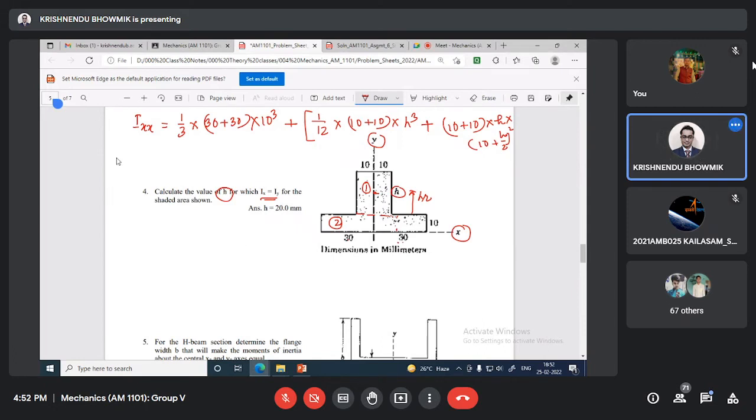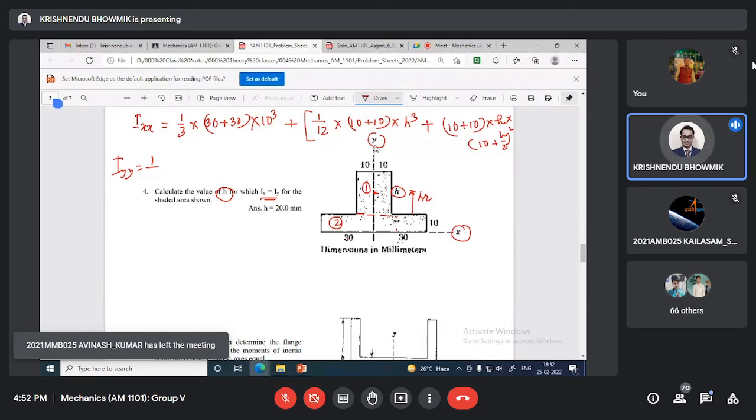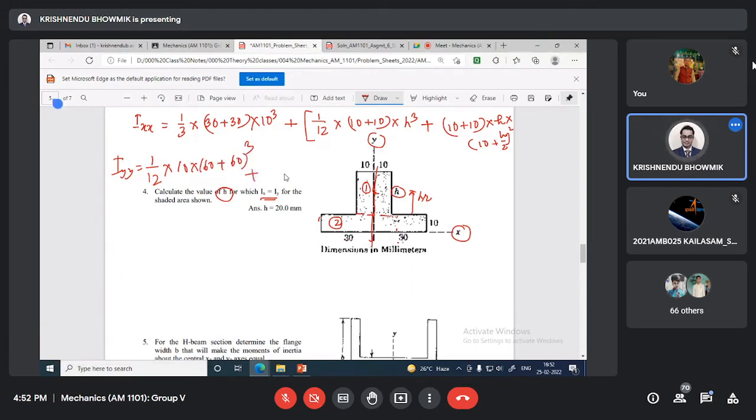Similar way, this is IYY. For this case it is 1 by 12 because the centroid is lying on the symmetry: 1 by 12 base 10 multiplied by 60 plus 60 cube, plus the second case, which is passing through the centroid: 1 by 12 multiplied by base h height cube, 10 plus 10 cube.